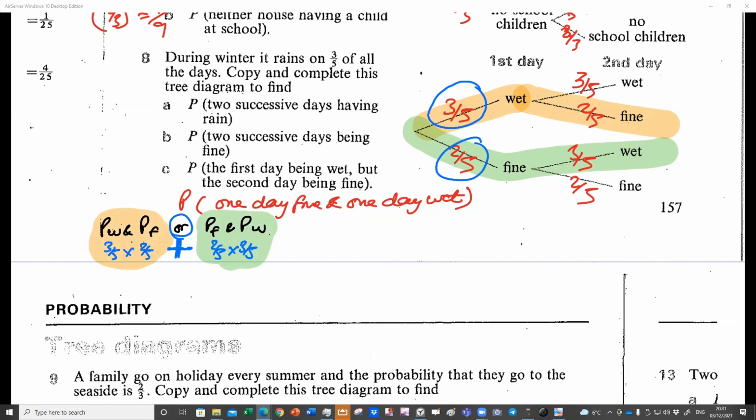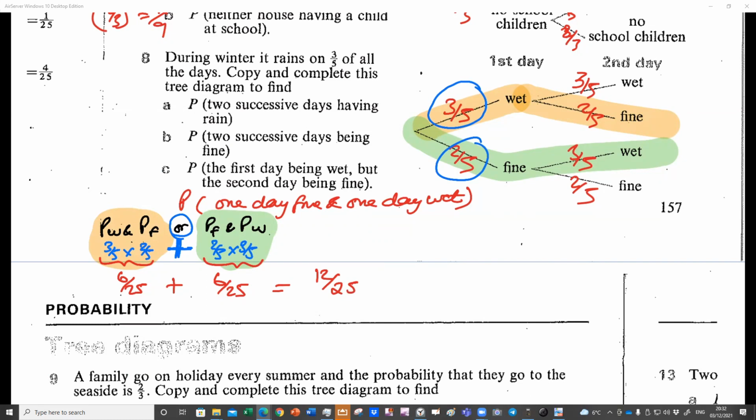So, okay, Inaya, what do you get for the first part? Okay, Inaya, what do you get for the second part? Abdullah, what do you get for the total for the answer? Okay, lovely. And that's the answer to that question. So you've got to look at the wording. What does the wording mean?